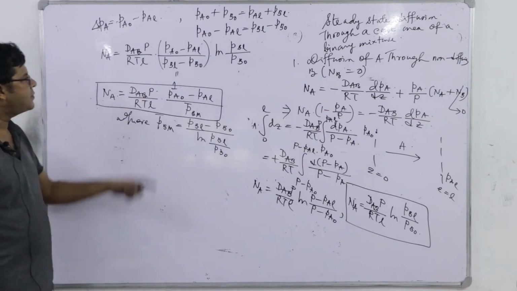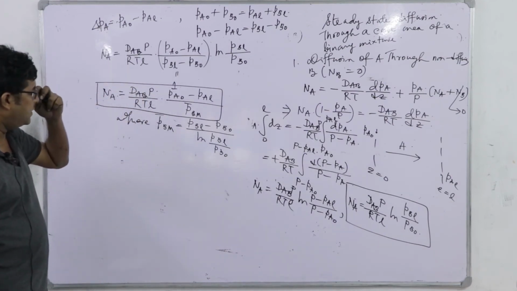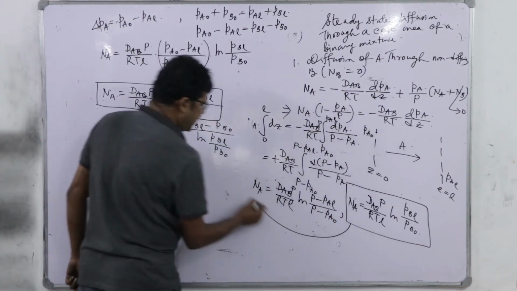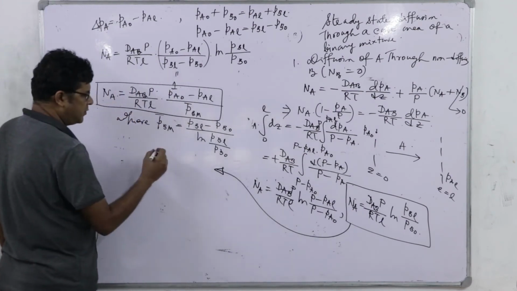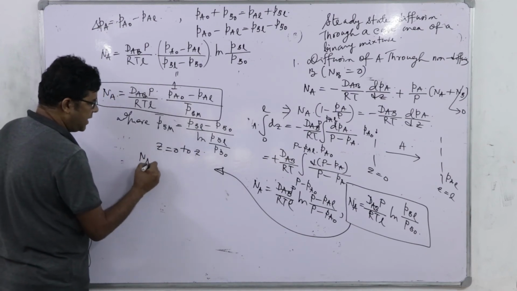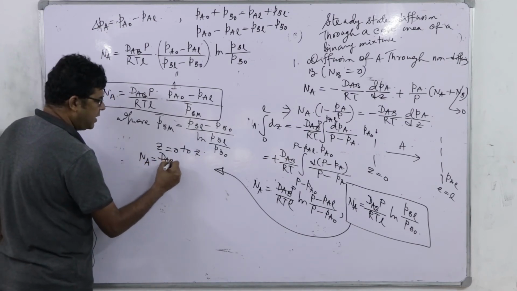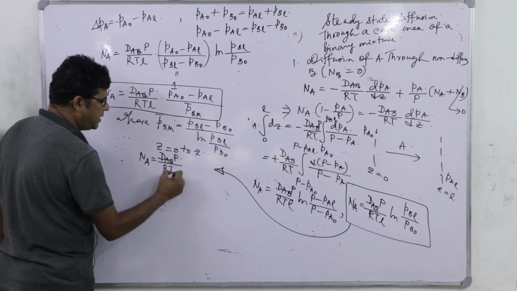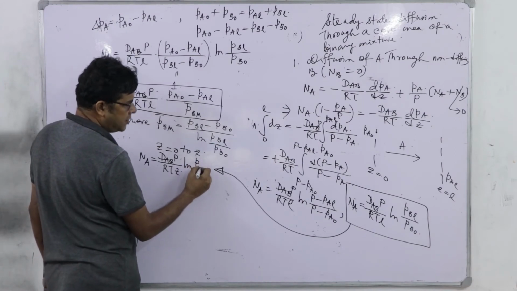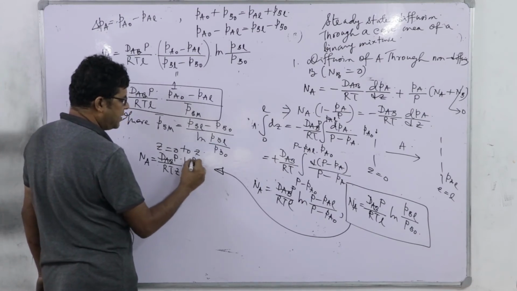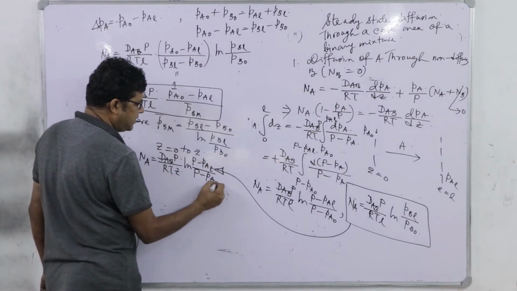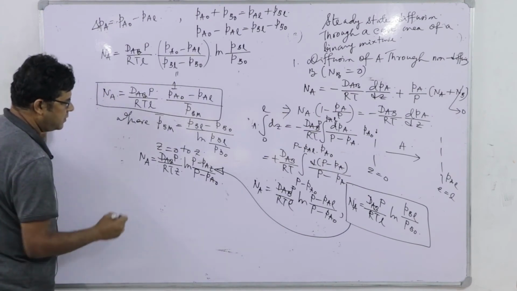Okay. Now, once we have got this, instead of L, if I integrate this equation from Z equal to 0 to Z, I will get Na equal to dAB into P divided by RTZ into ln of capital P minus PAZ divided by capital P minus PA0, right.